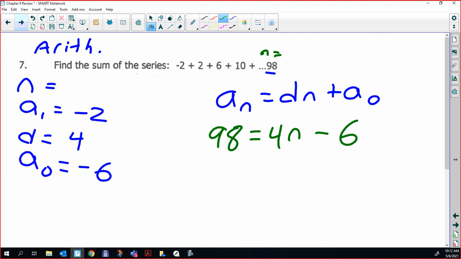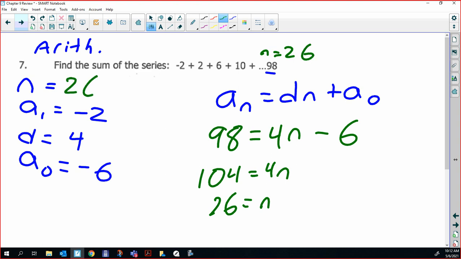So add the 6, divide by 4. This is the 26th term. n equals 26.